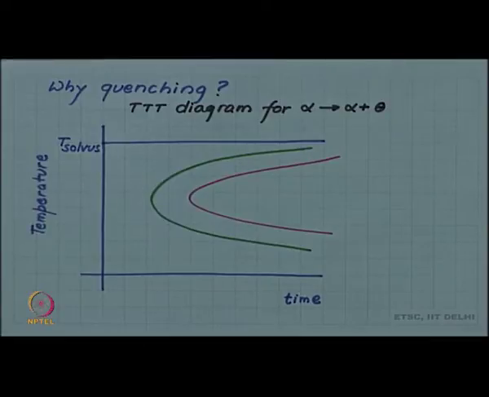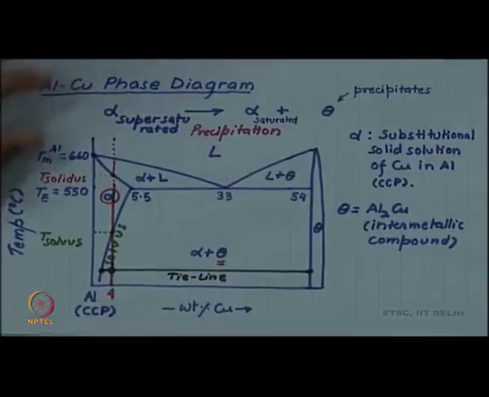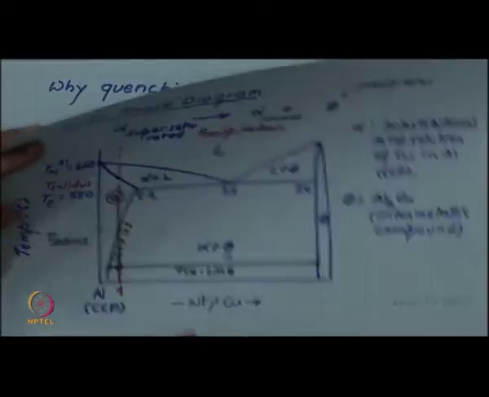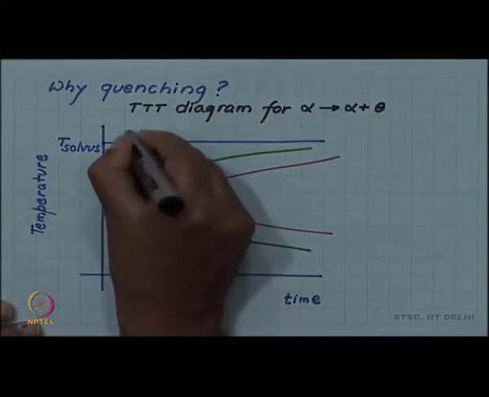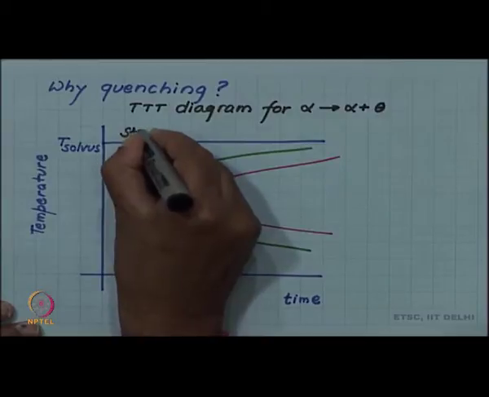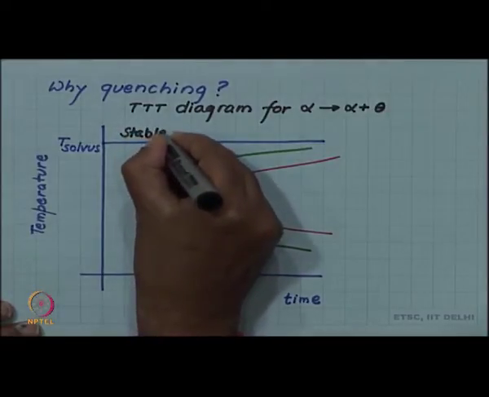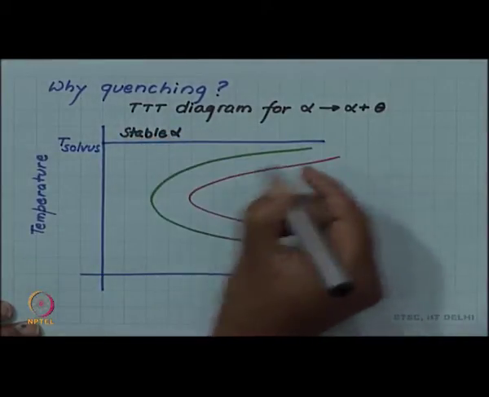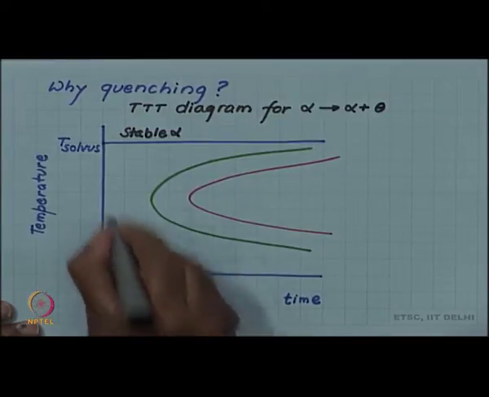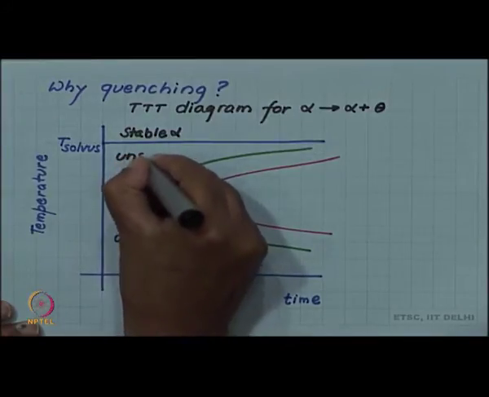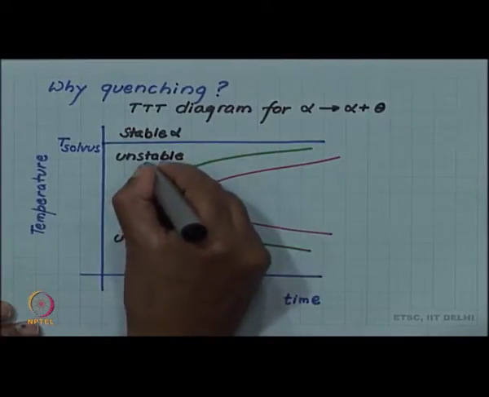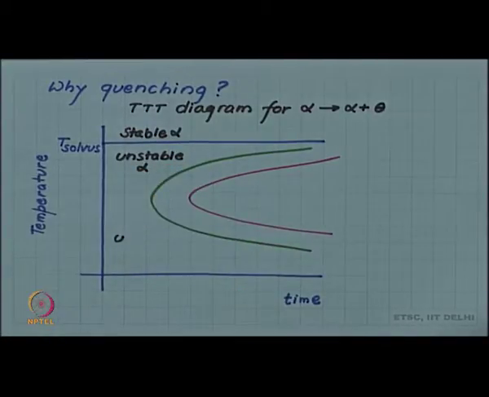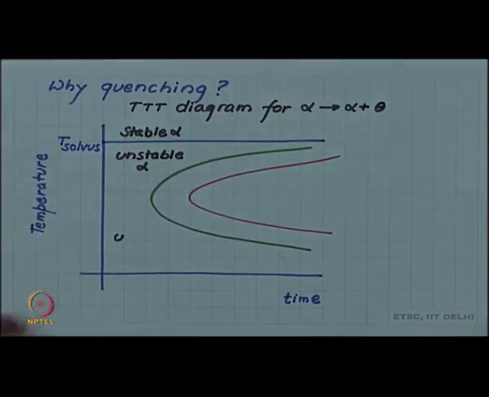So, above solvus you can see alpha phase is stable. So, nothing will happen to alpha phase. So, above solvus you have a stable alpha, below solvus you will have unstable alpha, which will like to decompose and form theta.